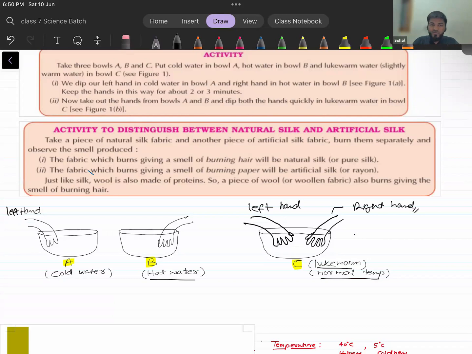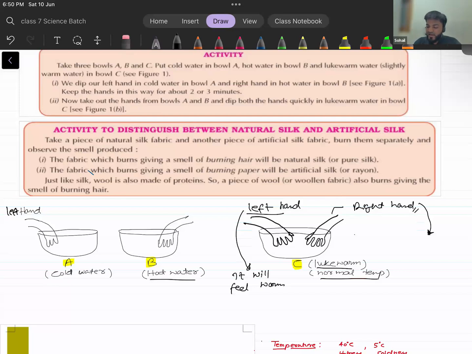So what you will observe here is that your left hand will feel warm. It's an interesting activity you can perform at home. Very simple activity you can perform and check whether it's true or not. In fact, it is true. You can experience it yourself.